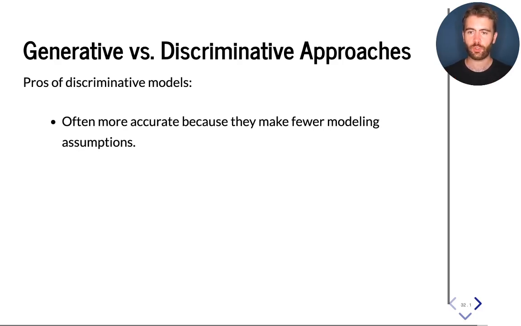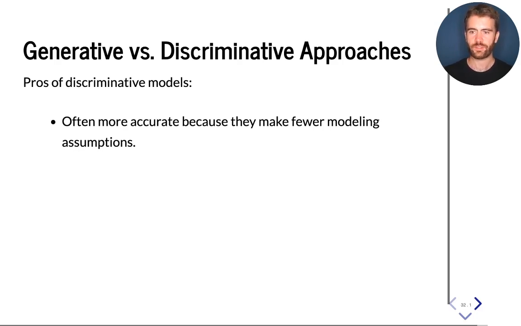And because they don't model X, they don't need to make any assumption about what X looks like, and therefore they make fewer modeling assumptions, and therefore there's less chance to make an error. There's less chance to model X incorrectly if you don't need it, and therefore the model will tend to be more accurate because there's less chance that we have misspecified our model.